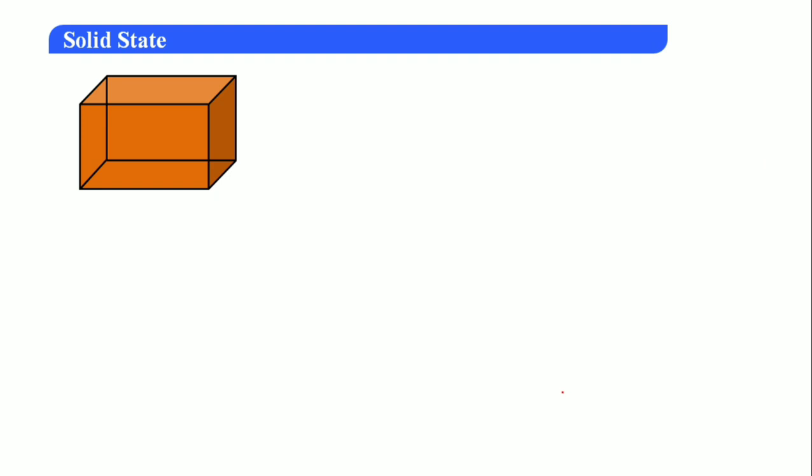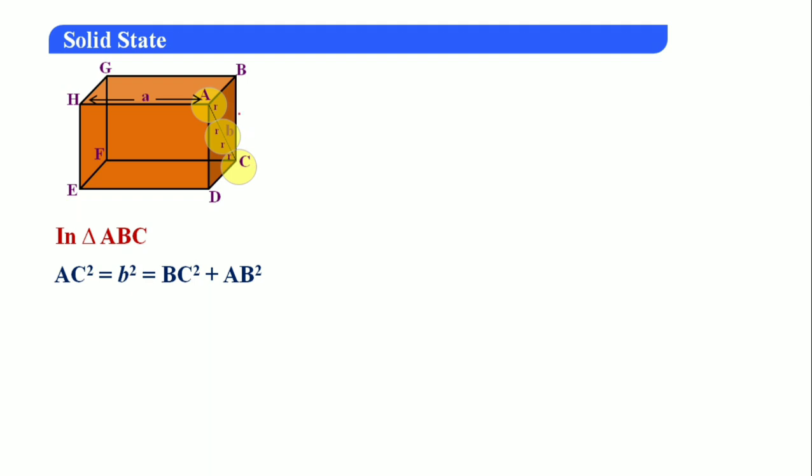Now we will move to the derivation. First we will consider triangle ABC. Using Pythagoras formula we can write AC square is equal to BC square plus AB square. AC we have considered as b, so b square is equal to BC square plus AB square.